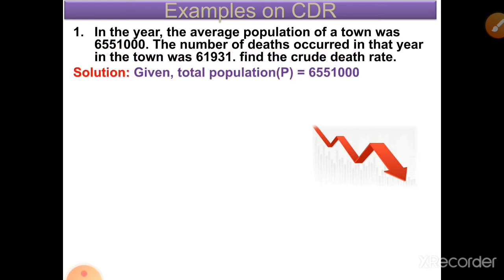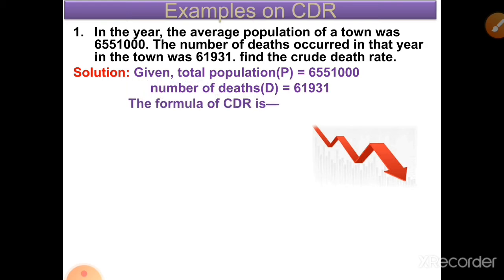Solution: first write the given things. Total population P is 65 lakh 51,000 and total deaths D is 61,931. We know the formula of CDR is CDR equals D divided by P into 1000.